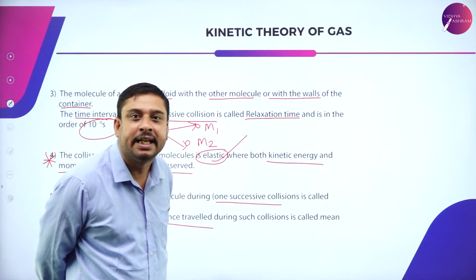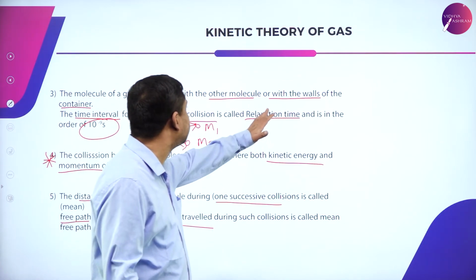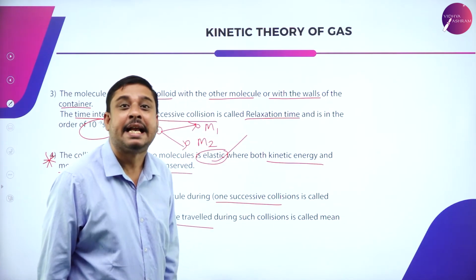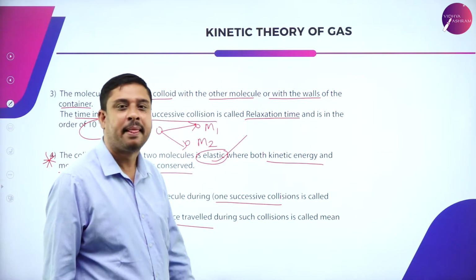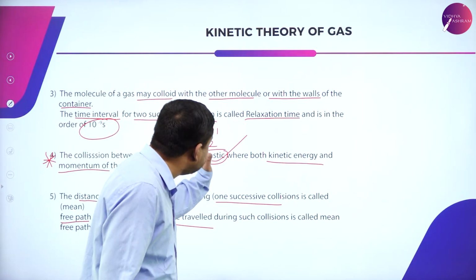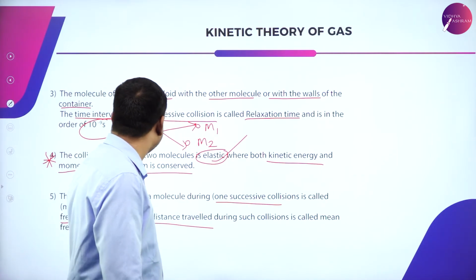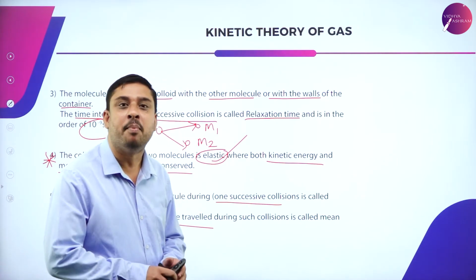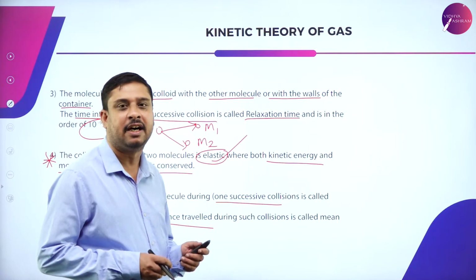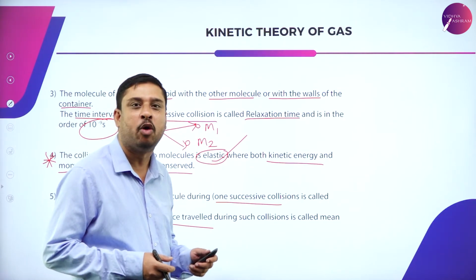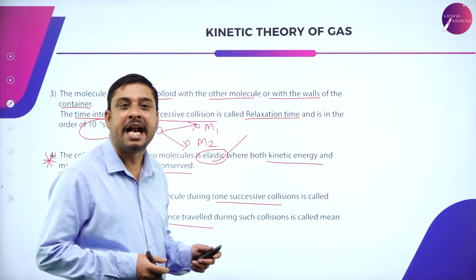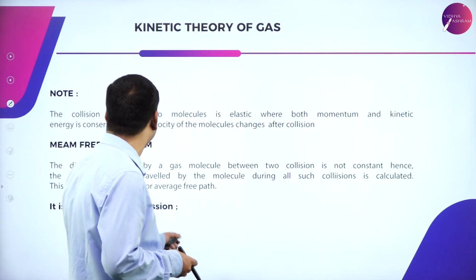The time taken between two successive collisions is called relaxation time. The nature of collision is elastic, where both kinetic energy and momentum are conserved. And it also spoke about free path and mean free path.